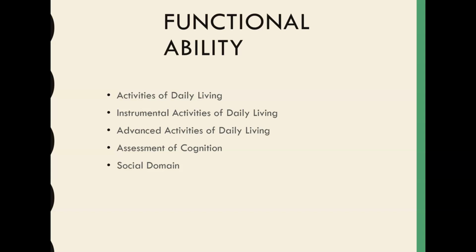So the next thing that you would do is they do have some tests, like for instance, measuring physical performance for an older person. You would do the get up and go test.